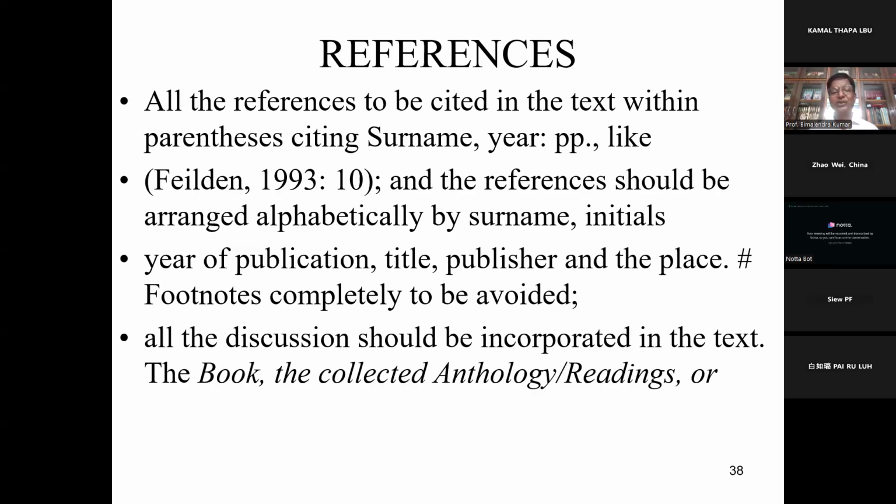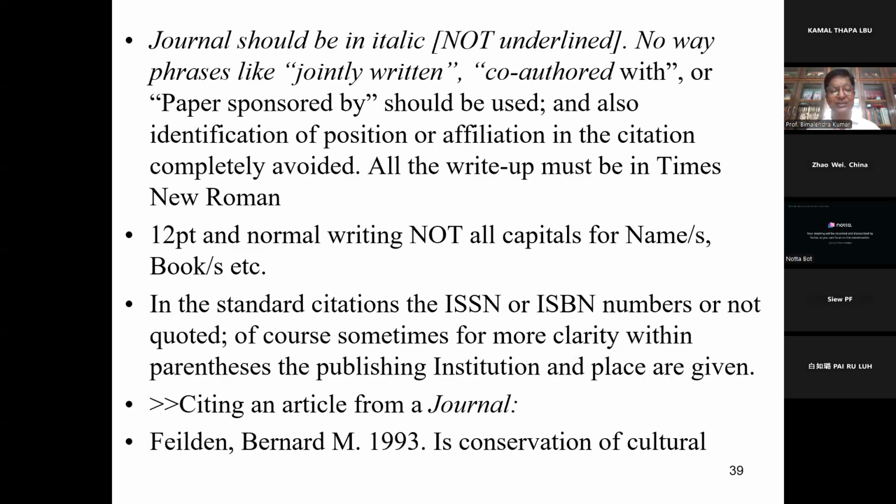So this is the way of giving the references through parentheses. And lastly, whenever you are writing the bibliography, you can give the detail of Fieldman 1993, that what it has been given.